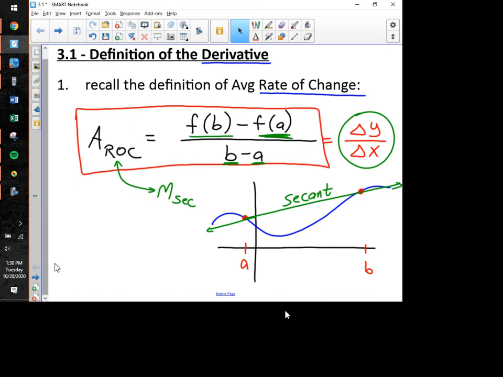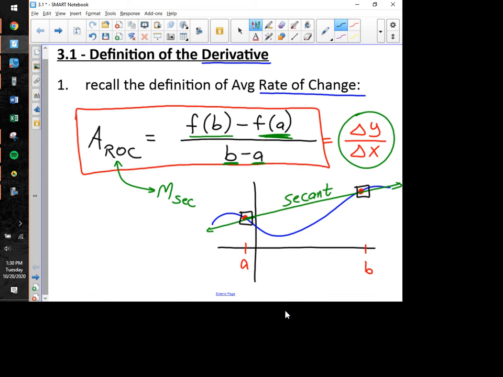So that was just meant to kind of refresh our memory just a little bit here before we dive into the big concept, which begins on the next slide. But let me just take one last opportunity to point out that these two concepts here, an average rate of change and the slope of a secant, both require 2 points in order to be calculated right here.